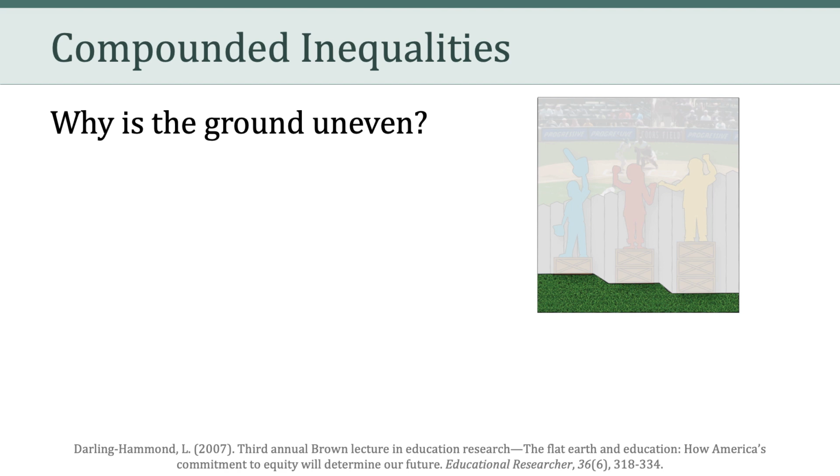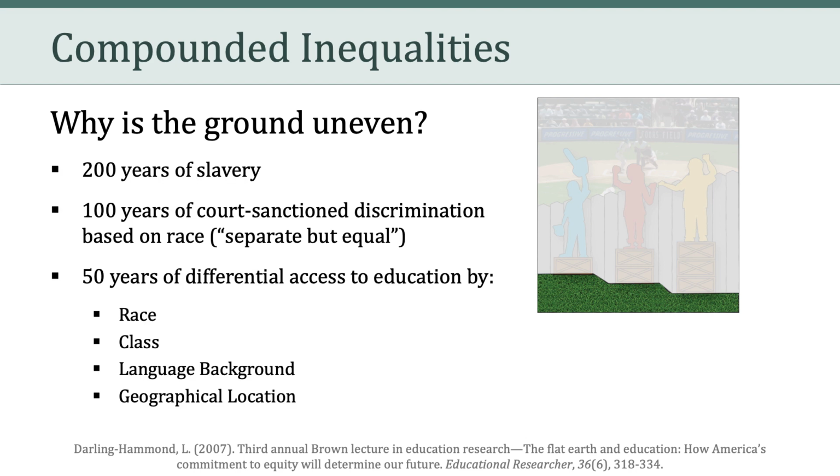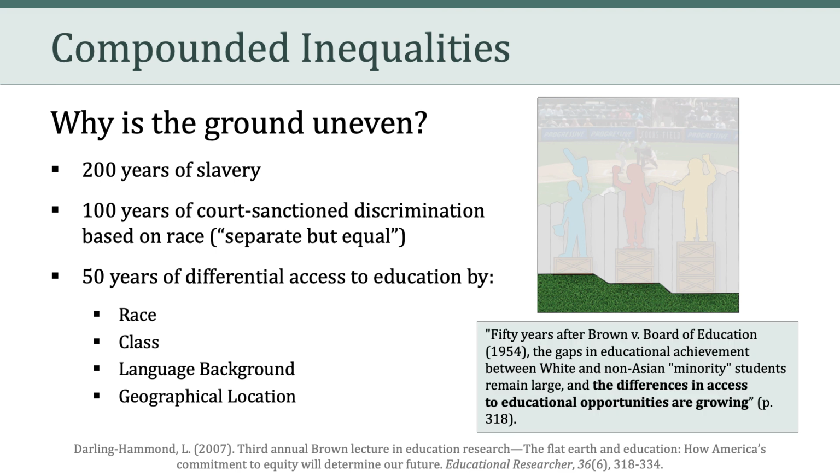What are those inequalities? Well, within the United States, the ground is uneven because of 200 years of slavery, 100 years of court-sanctioned discrimination based on race, the idea of separate but equal, and then 50 years of differential access to education as determined by race, class, language background, and geographical location. And quite powerfully, she argues that 50 years after Brown v.